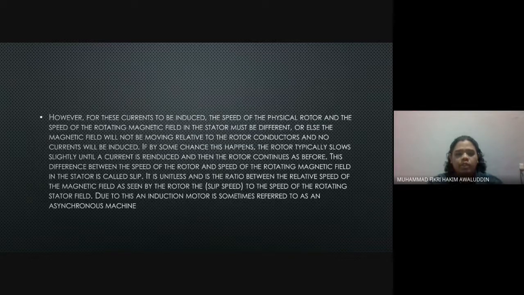This difference between the speed of the rotor and the speed of the rotating magnetic field in the stator is called slip. It is the ratio between the relative speed of the magnetic field as seen by the rotor. Because the rotor speed differs from the speed of the rotating field, the induction motor is sometimes referred to as an asynchronous machine.